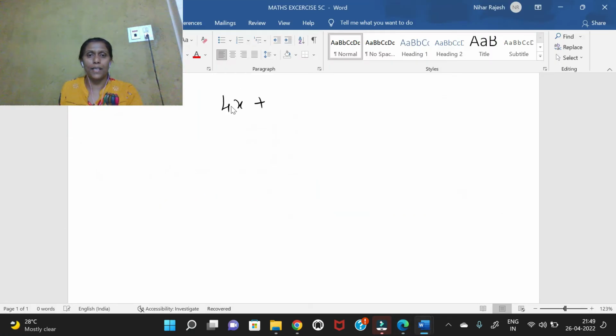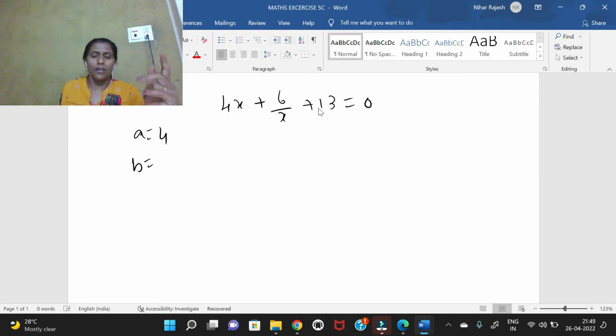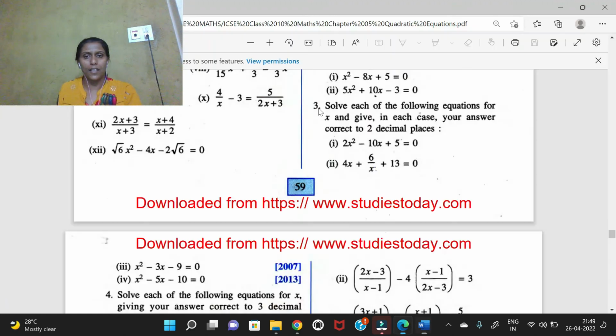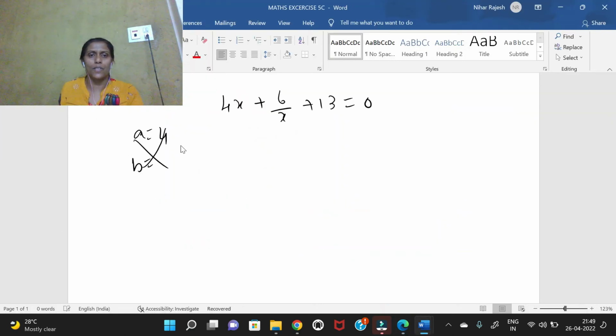4x plus 6 by x plus 13 is equal to 0. It is the same thing. What is A? Given A is equal to 4, B is equal to, 1 second, 4x plus 6. Okay, so we have to go for simplification here.